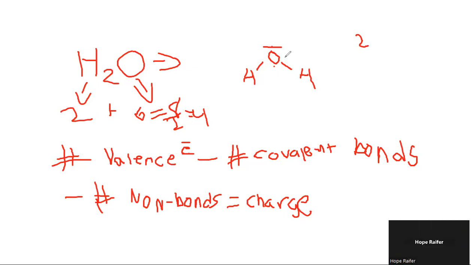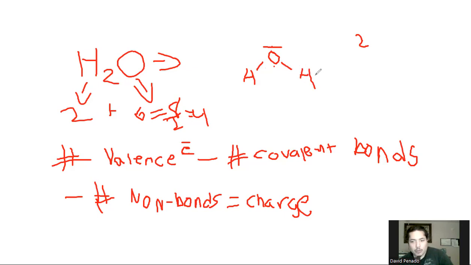How would I know to do that? Well, remember the element. You're dealing with hydrogen. How many electrons can hydrogen have? One, so you can't put any more there. This line equals 2, and this one also equals 2.